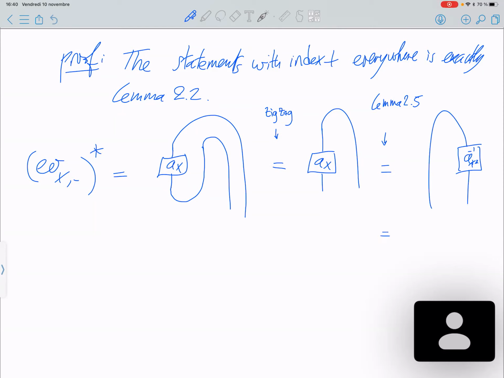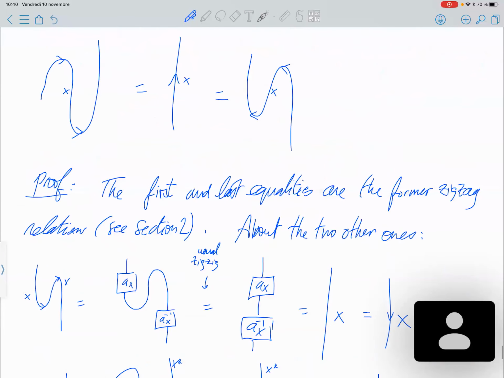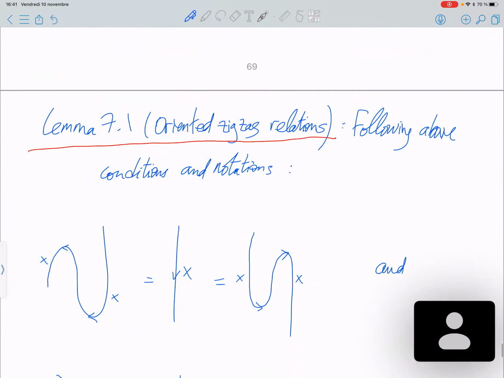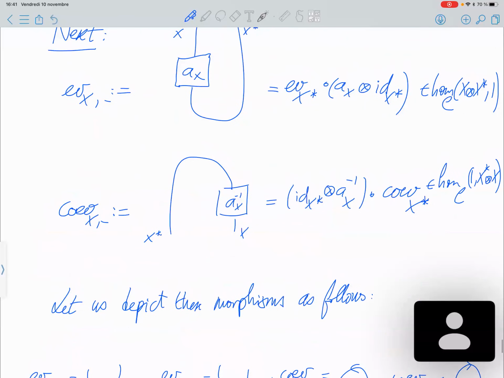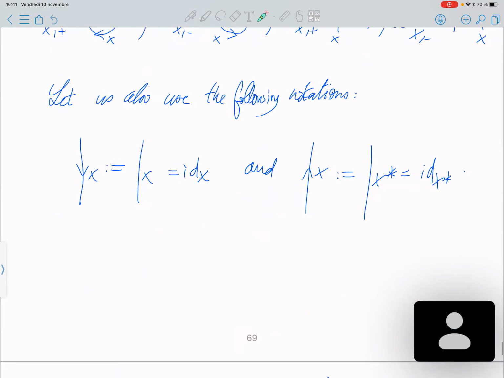But this is nothing but the co-evaluation map of X star minus by definition. If you don't trust me, you can come back to the definition, which is here. Okay.